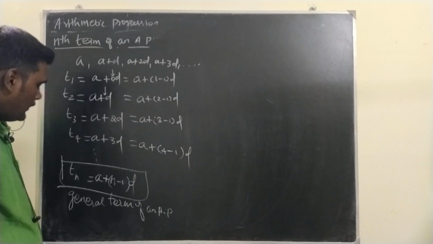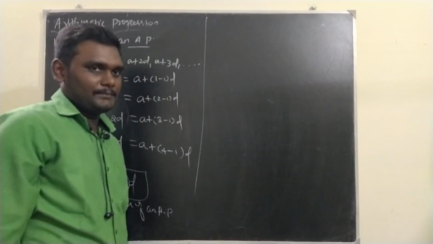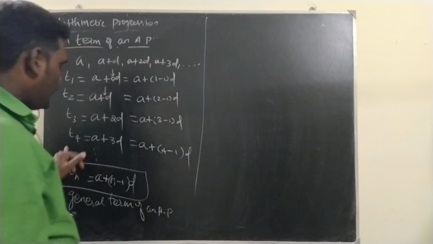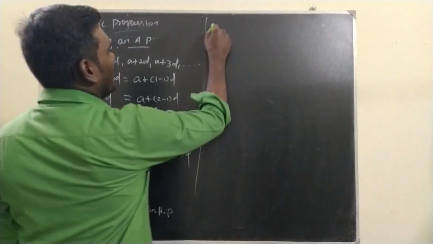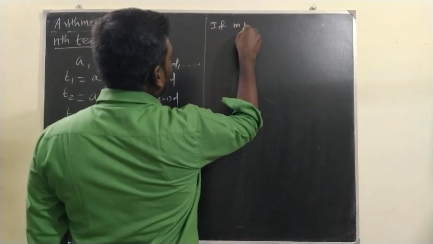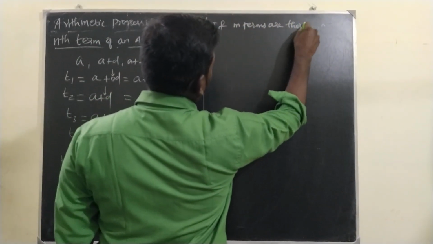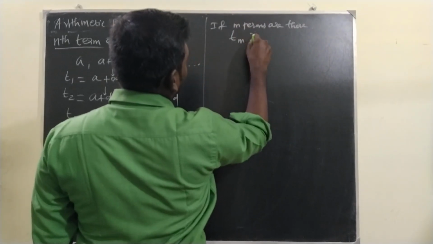Or suppose it has some particular number of terms, say 10 terms, then the 10th term is the last term. In general, if m terms are there, this Tm is the last term.